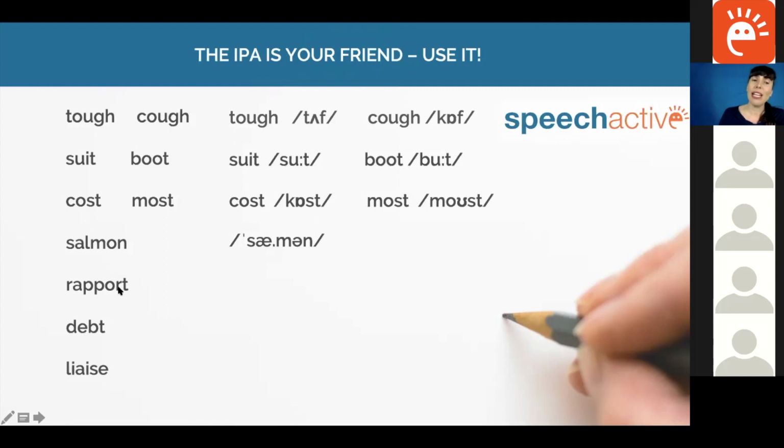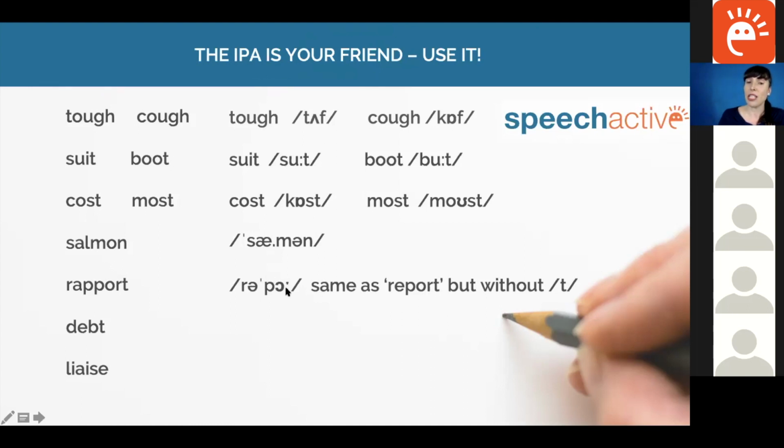Now this word here, I hear a lot of people mispronounce this word. It's not pronounced rapport or even report. I can look at the IPA and I can go, well, what clues have I got here? Oh, look, first vowel's weak. Second syllable is stressed.